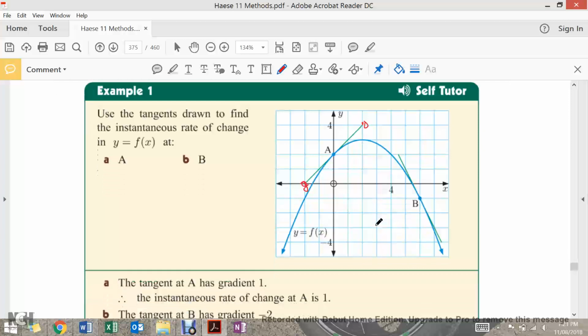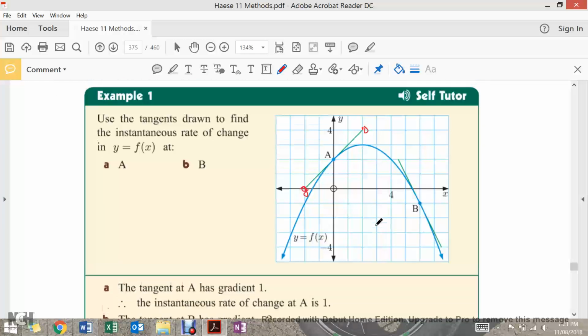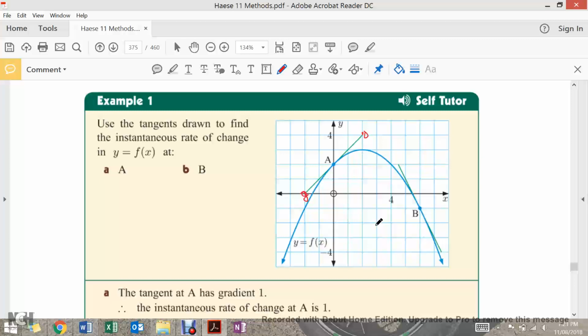You find the instantaneous rate of change for that by doing your y step, 4 take 0, over 2 take -2, which will give you a gradient of 1. So the gradient of this tangent line is 1. That means the instantaneous rate of change at A is 1.